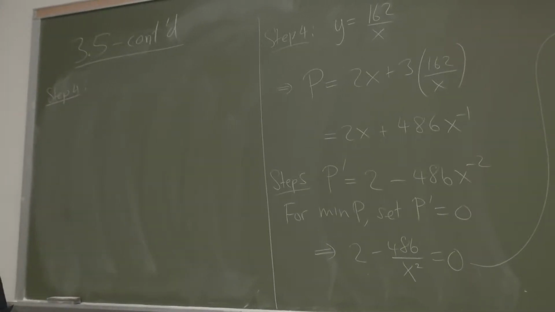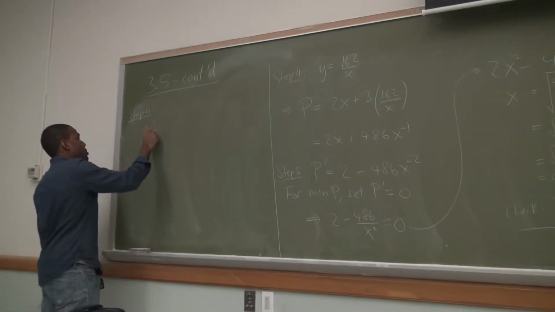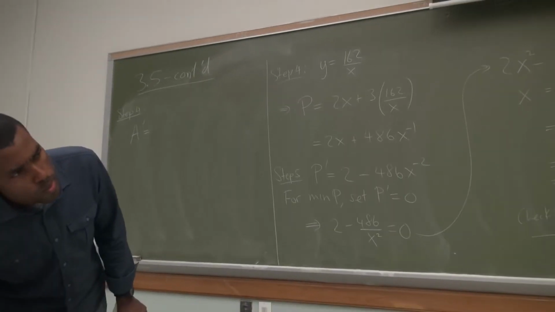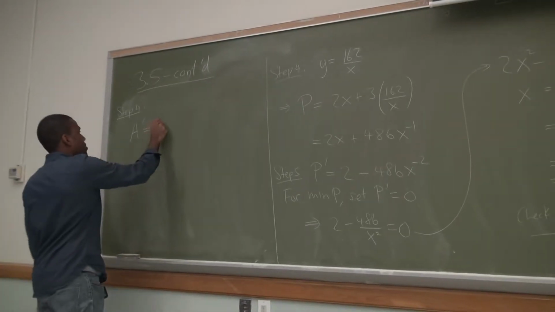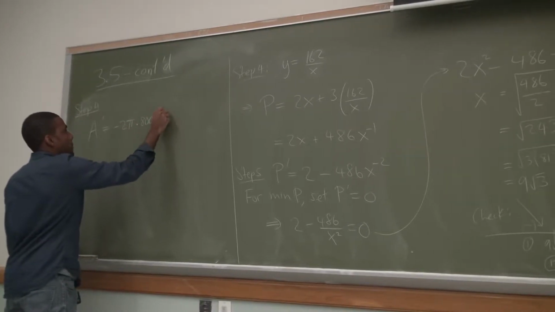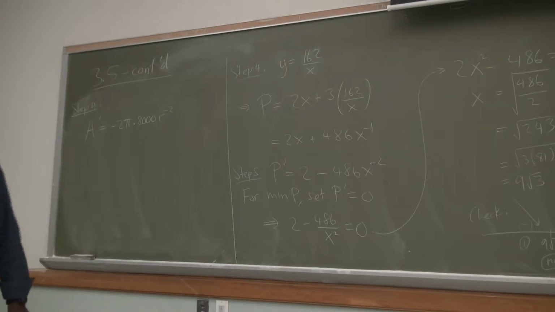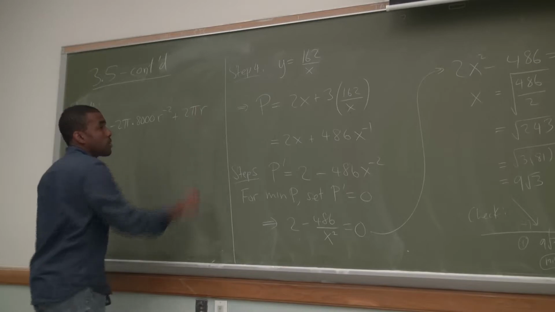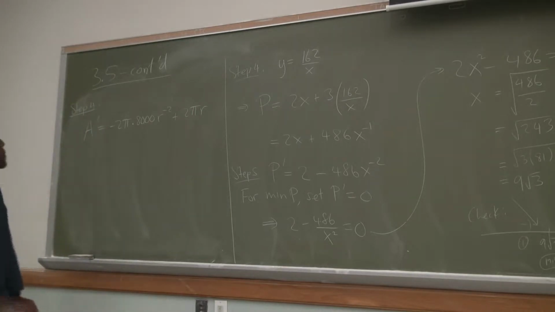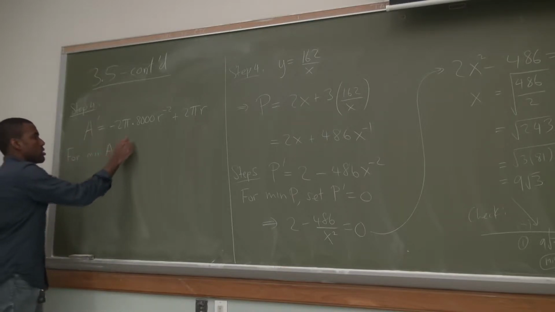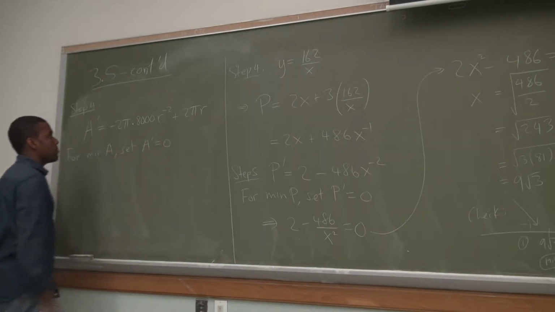Step 4. Now we want to find the critical points of this. So A prime would be minus 2 pi times 8,000 over r squared plus 2 pi r. For a minimum, set A prime equal to 0.